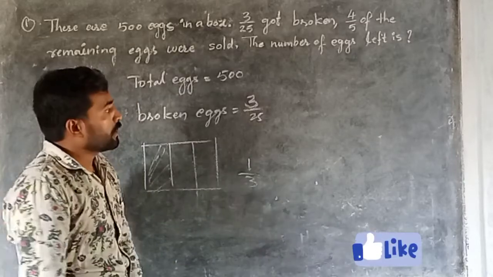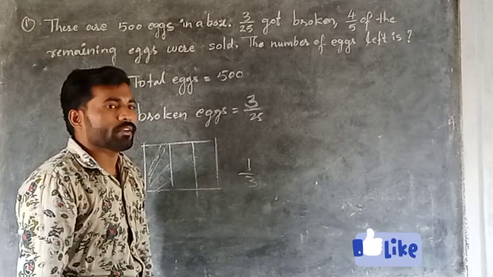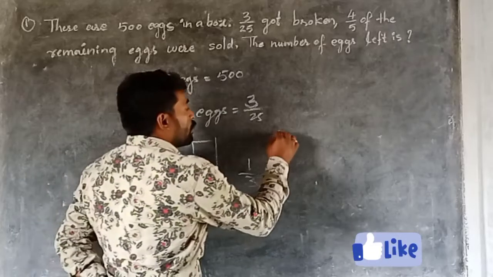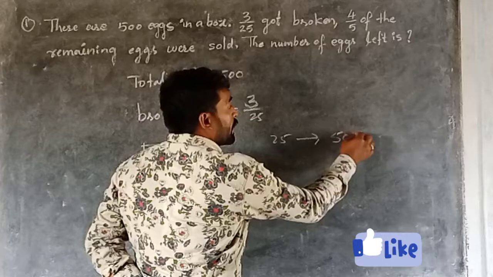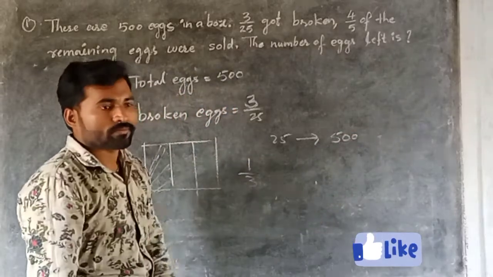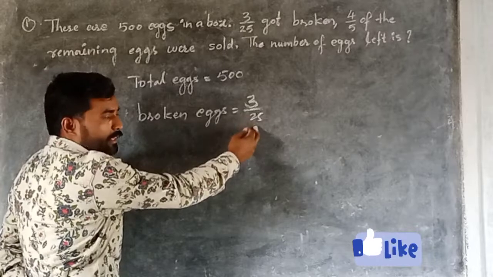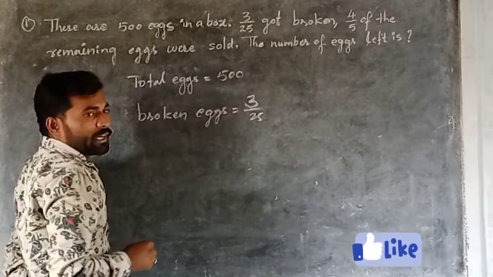That means here also, total parts how much? 25. Totally you have 25 parts. That means 25 parts means how many eggs? 500 eggs. My dear students, here the total parts are 25. That means 25 parts are equal to 500.